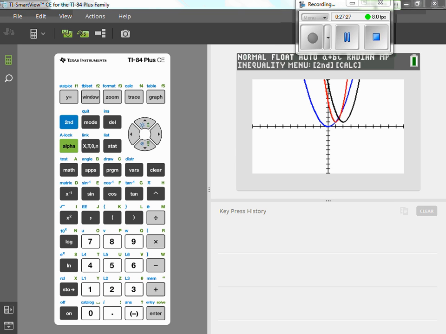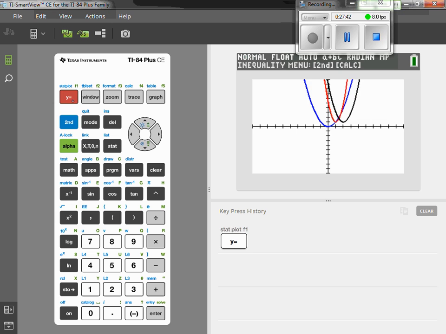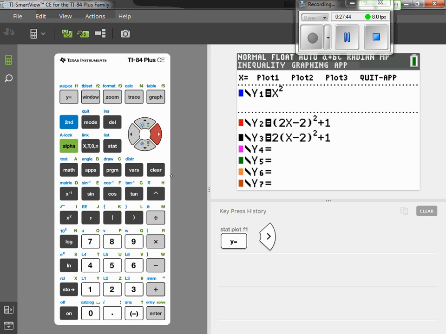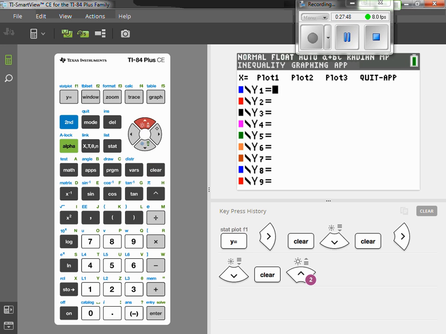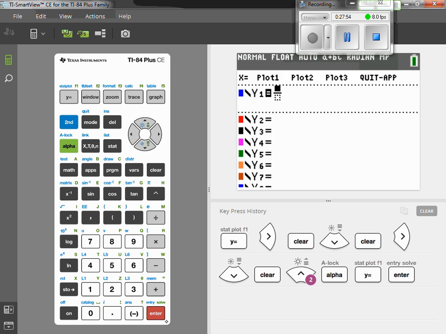So what we're going to do this time, grab your graphing calculator. We're going to do this one by the graphing calculator. To type in the fraction, we do alpha, y equals, enter.